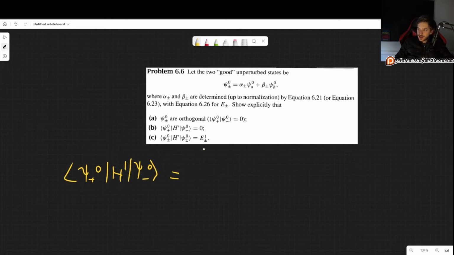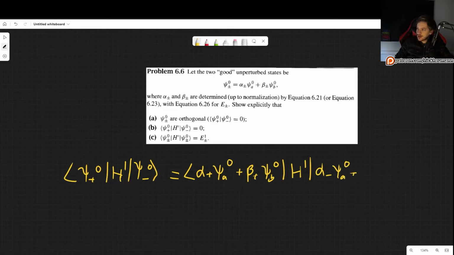This is, let's see, psi plus is alpha plus psi A0 plus beta plus psi B0. And then we have our perturbation Hamiltonian, and then we have psi minus, which will be alpha minus psi A0 plus beta minus psi B of 0.